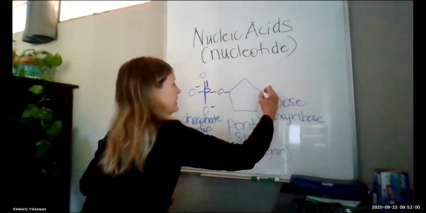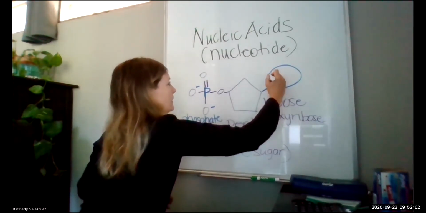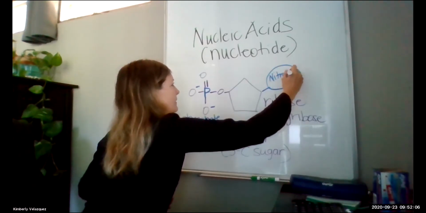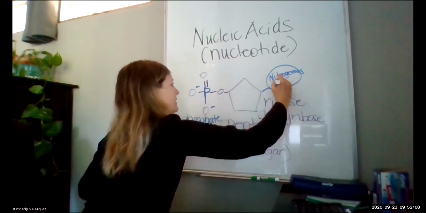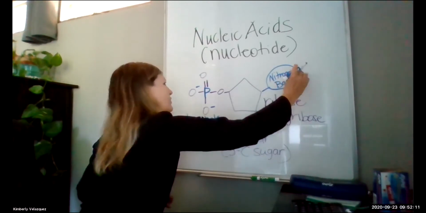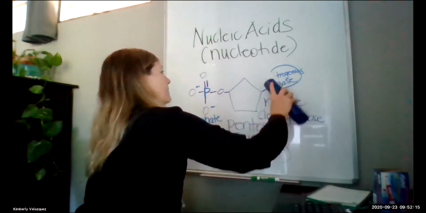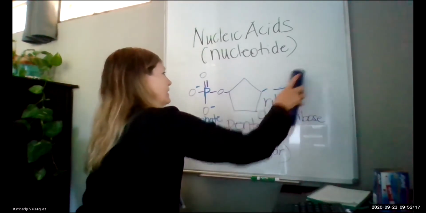And then over here, we have what's called a nitrogenous base. It's a base that has nitrogen as part of it. I'm going to write that more clearly. It's kind of hard to see there. I'm going to write the word first, and then I'll draw the circle around it.